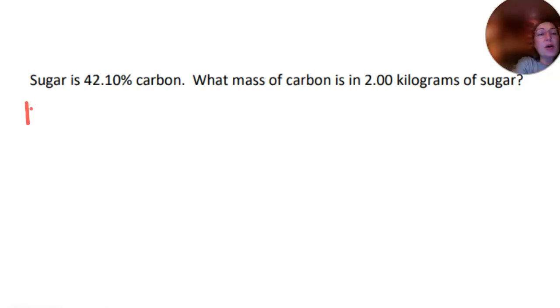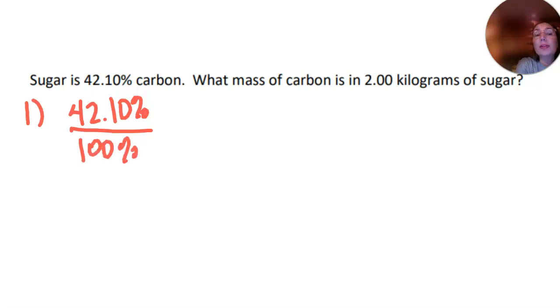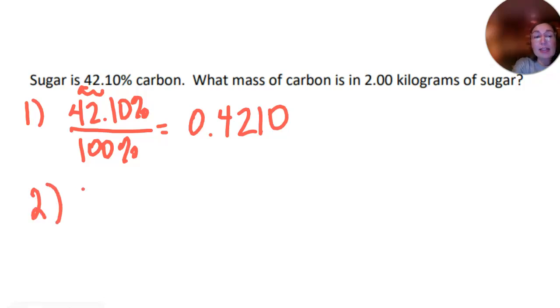Step 1 was to convert the percentage back to a decimal by dividing by 100%. Some people just see it as moving the decimal 2 places, but we're going into decimal form, 0.4210, and we're going to multiply that decimal form times the total. Oh boy, I'm missing a 1 here.